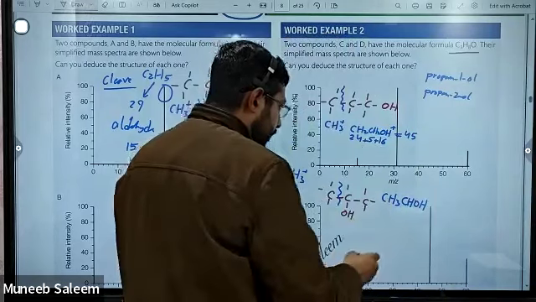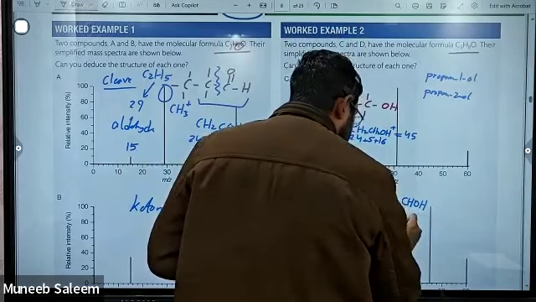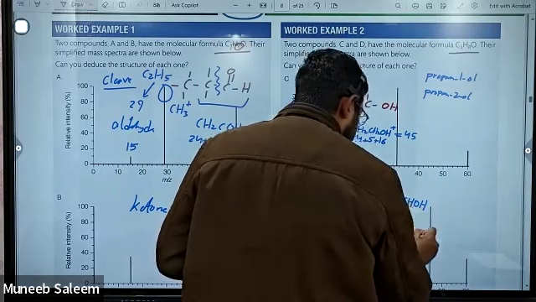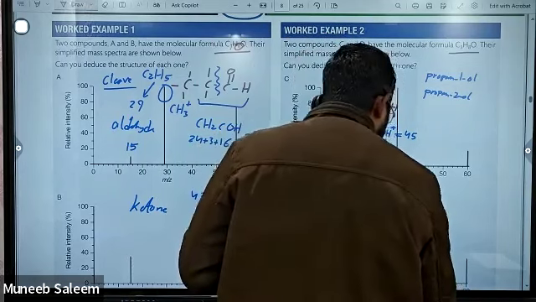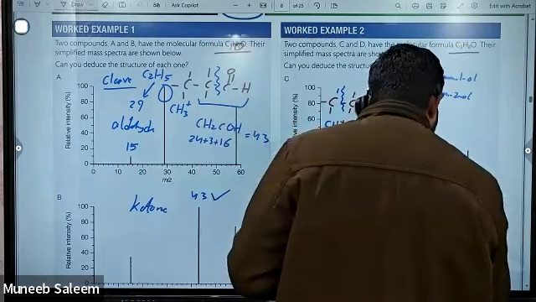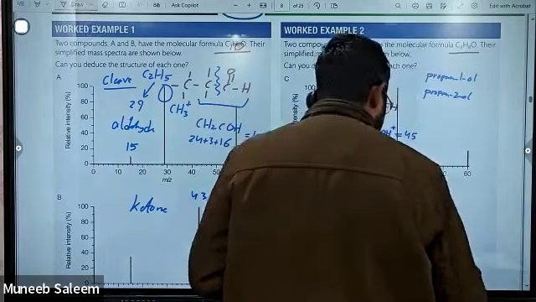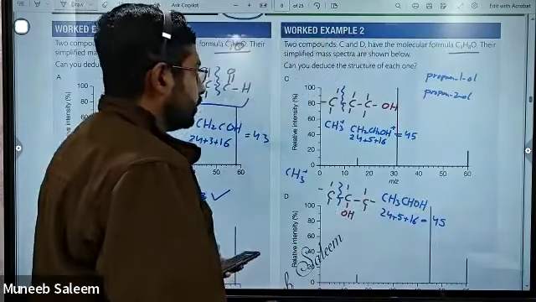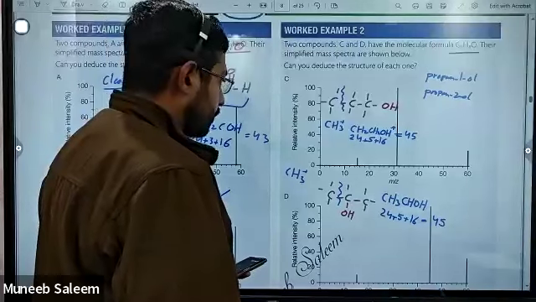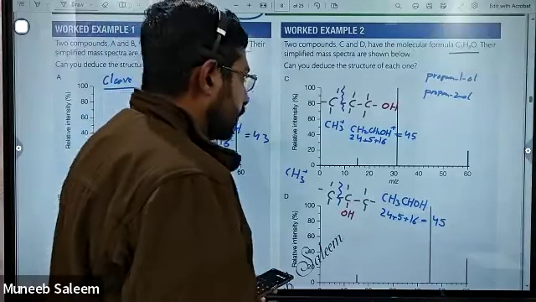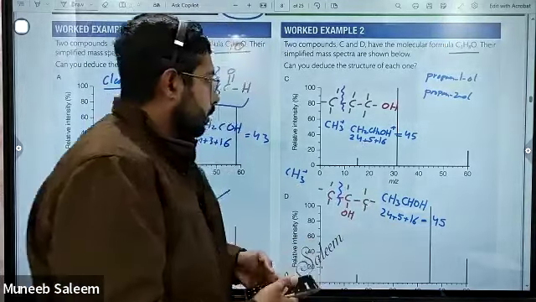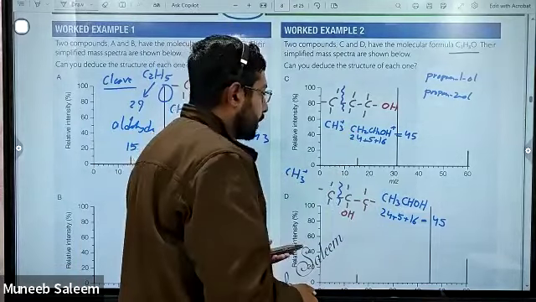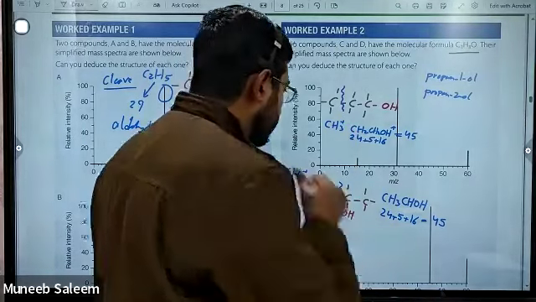And then for this fragment, it is again 24 plus 5 plus 16. Now this is also 45. On this basis, we cannot differentiate which of these two is which alcohol, because both of these alcohols are providing the same fragment. So we cannot reduce from here.